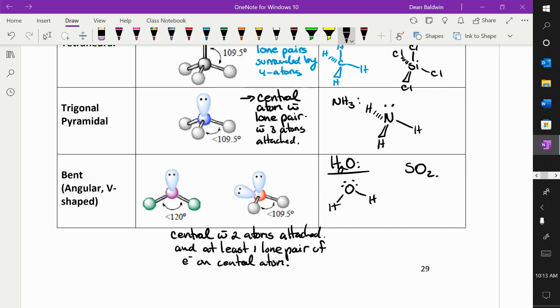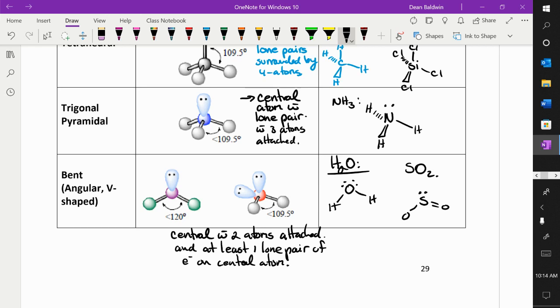So if we have SO2, a good question that I could ask would be, which of these angles is smaller? Which angle is smaller?